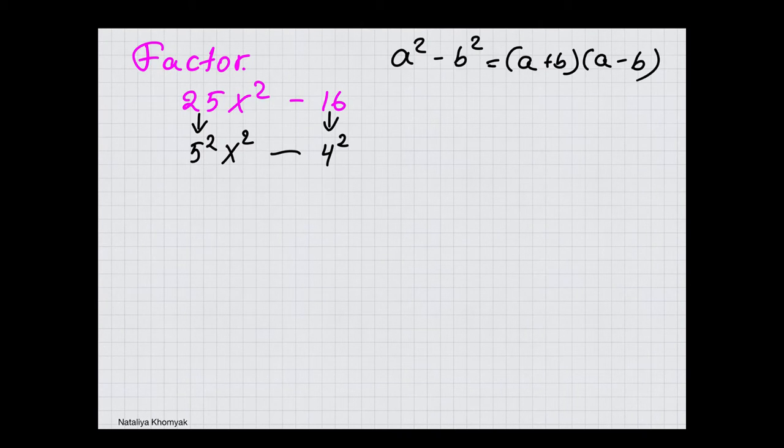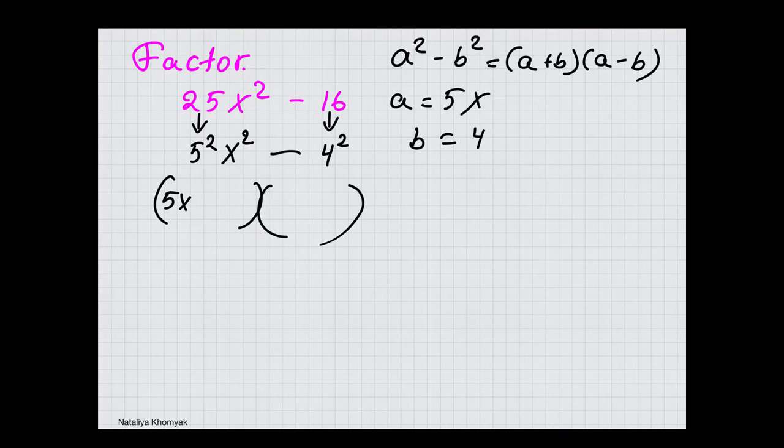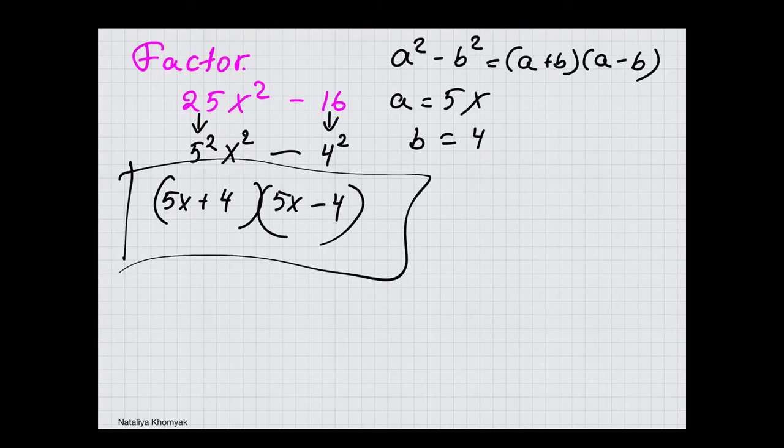So in this case, everything in the first term that is under the square, a is 5x and b is just 4. So we get 5x plus 4, 5x minus 4. And this is our solution.